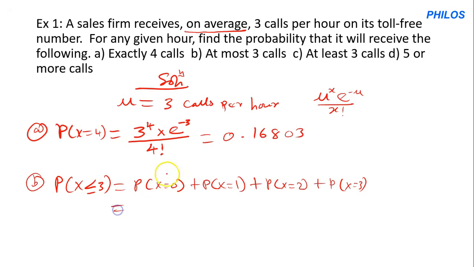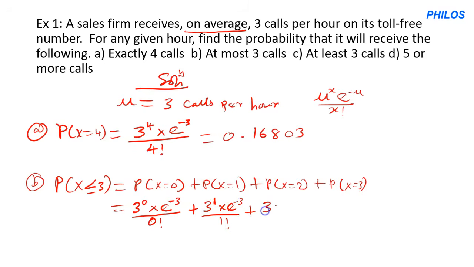Now, to find the probability that x is exactly 0, we are going to take the formula again. So we have 3 exponent 0 times e exponent negative 3 divided by 0 factorial. 0 factorial will give you 1. Plus 3 exponent 1, the mean exponent x, okay, times e exponent negative 3 divided by 1 factorial.